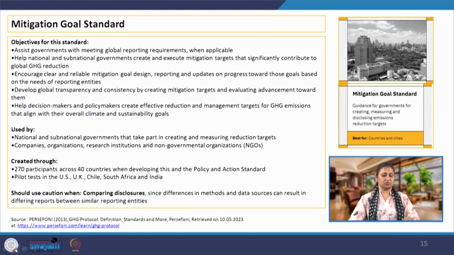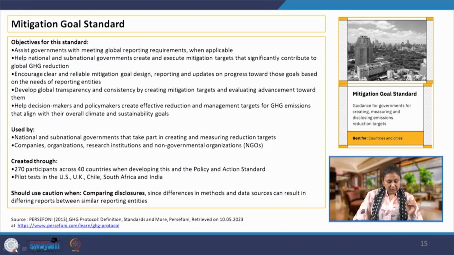It is through the mitigation goal standard that it will measure and disclose the emissions that it has been producing. So, if we say that India wants to become net zero emission, through this standard it will clearly mention how it is reaching the target.